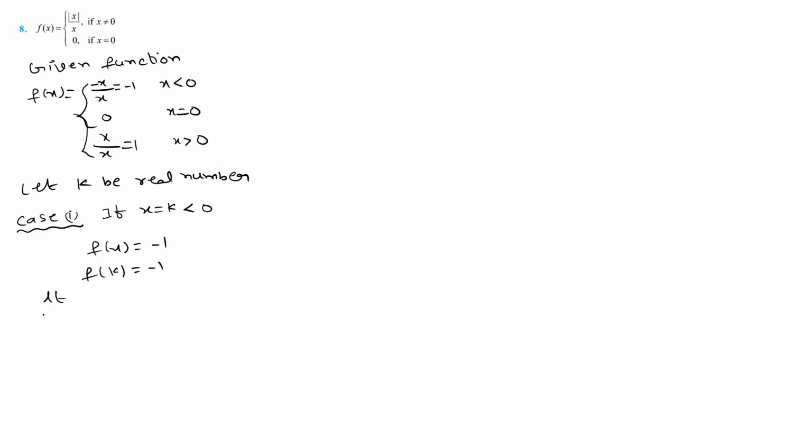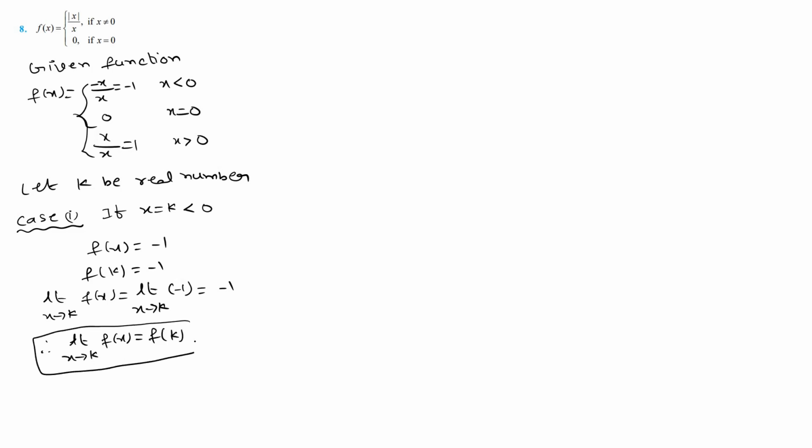So limit x tends to k, f of x is minus 1. Therefore, limit x tends to k, f of x is equal to f of k. So f of x is continuous at x equal to k, which is less than 0.